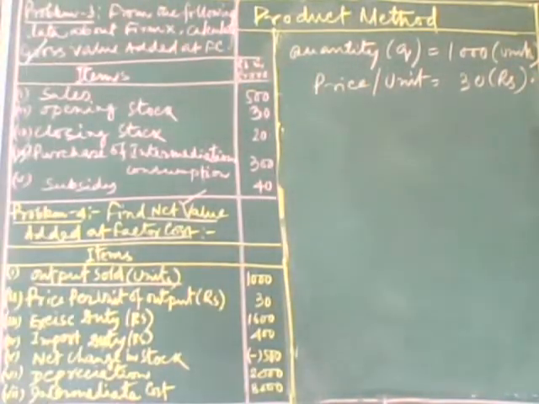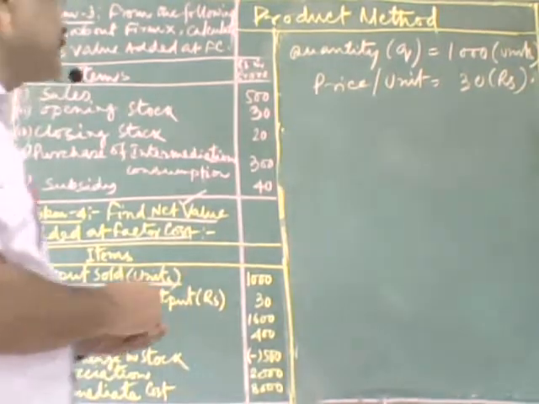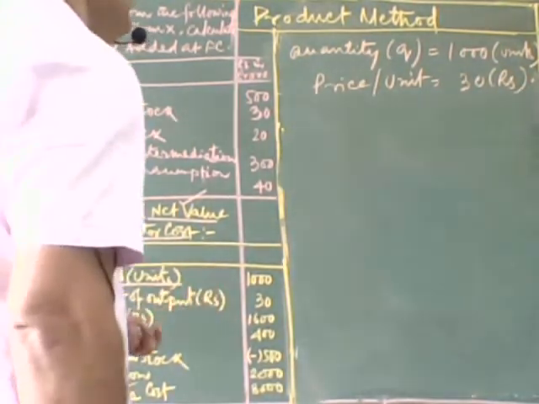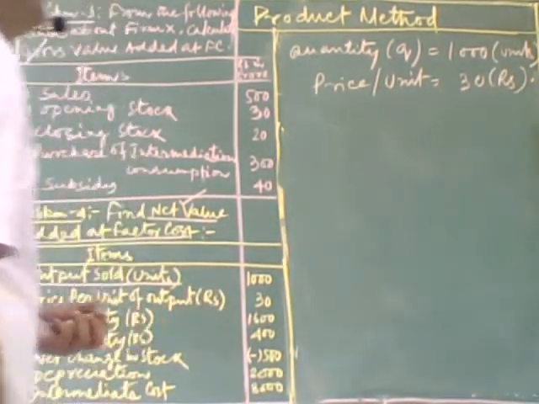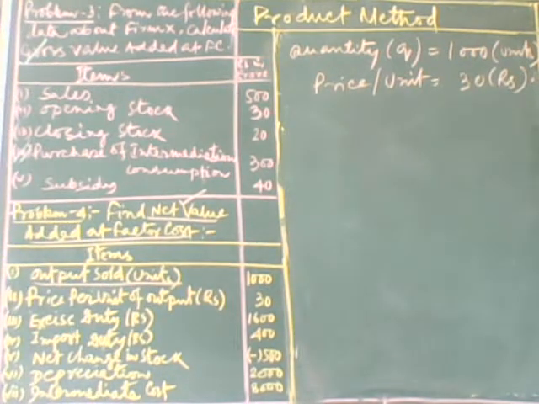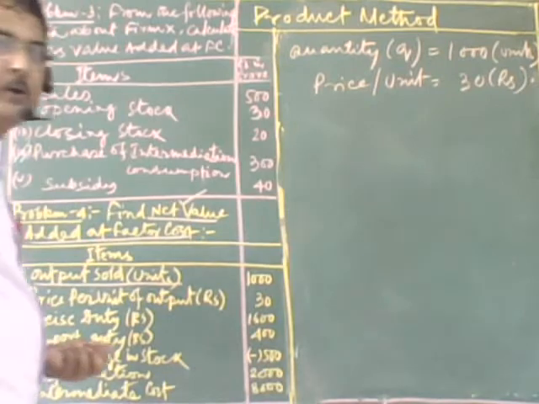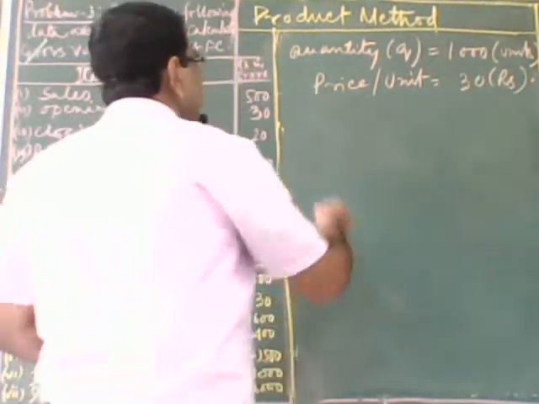Therefore, according to the concept of value of output, value of output is equal to P into Q.